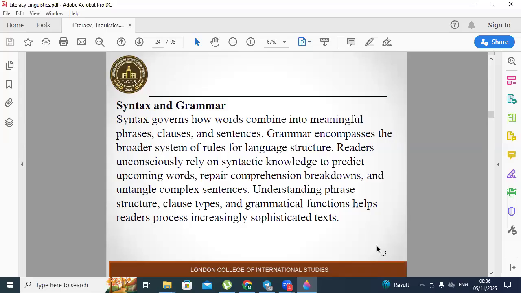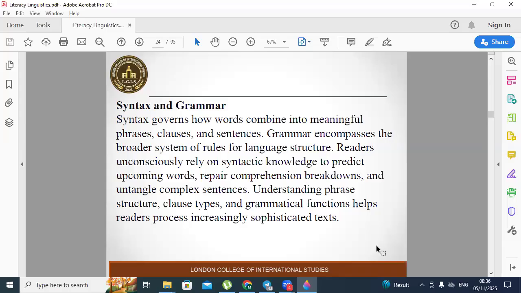Consider the sentence: the dog that chased the cat that ate the mouse ran away. That's a grammatically correct sentence, but it's syntactically complex with multiple embedded clauses.